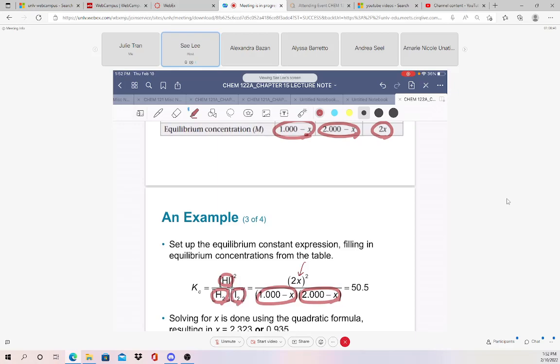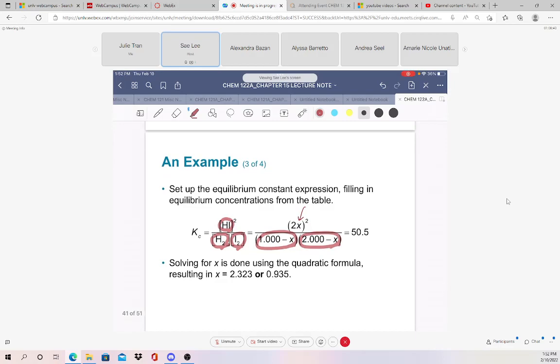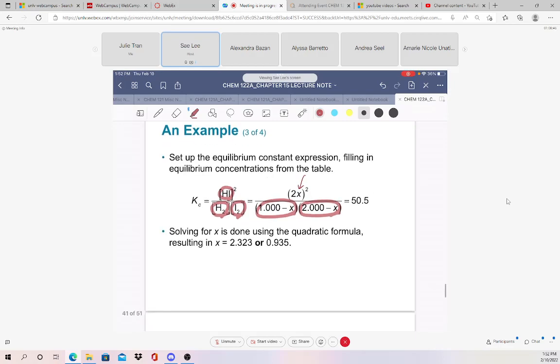If you do all the math, I was going to show you, but I don't have time, so I'm going to skip that step. It's just a quadratic formula, and you might want to be familiar with the quadratic formula for the exams. So solve for x using the quadratic formula.